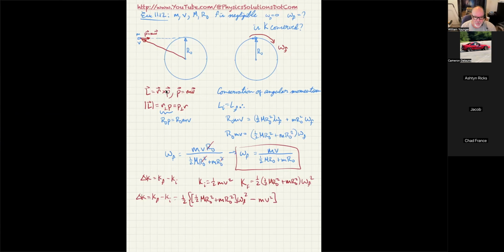And we can go ahead and substitute in this new version of the angular velocity. It's going to get a lot of algebra in it, but we can deal with that.